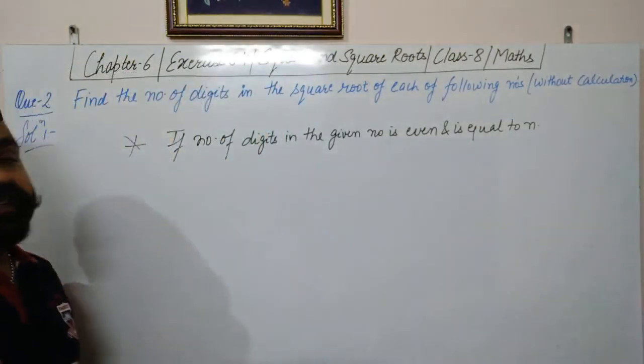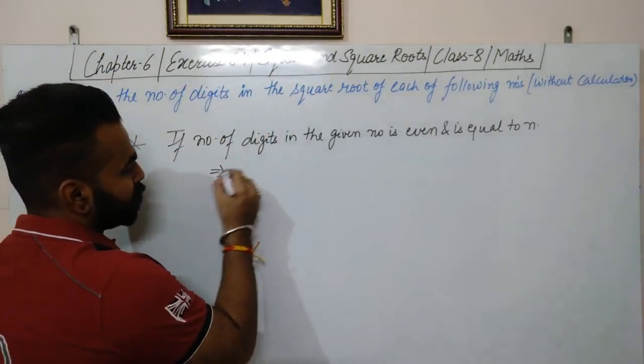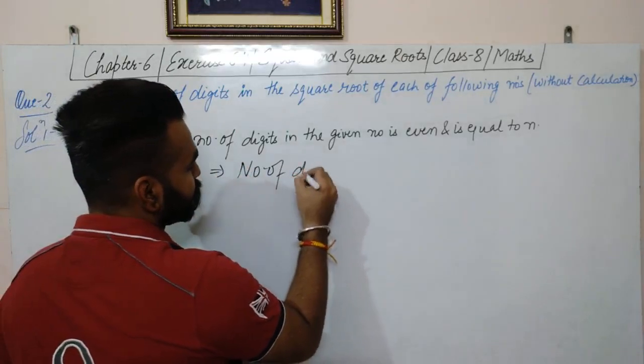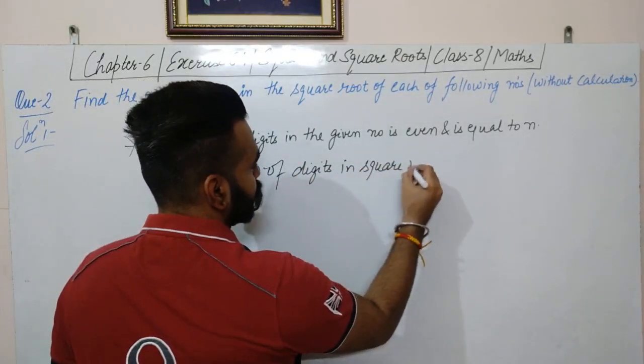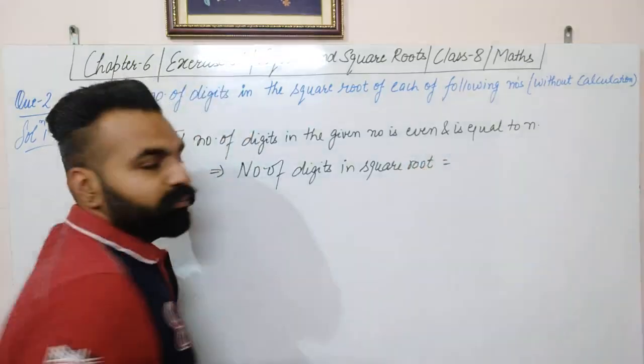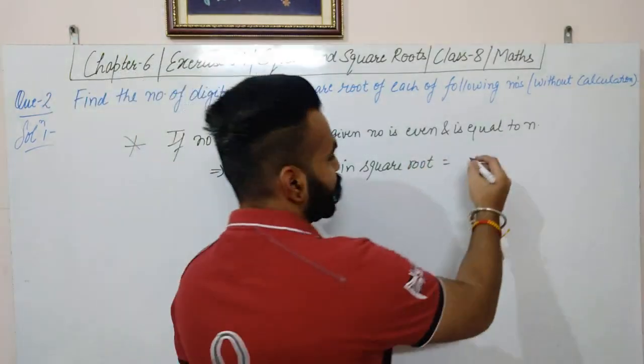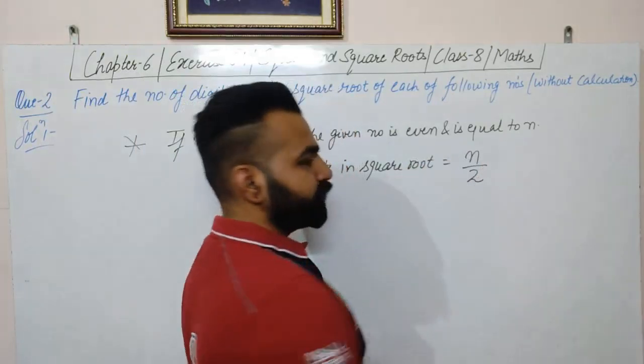So if the number of digits is even, then the number of digits in the square root of that number will be equal to n by 2.